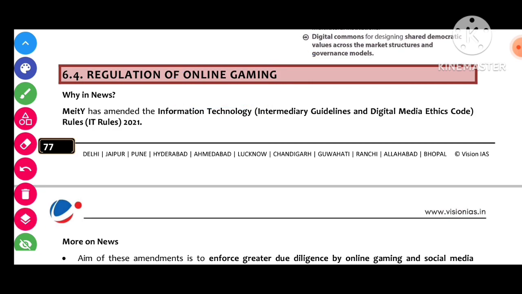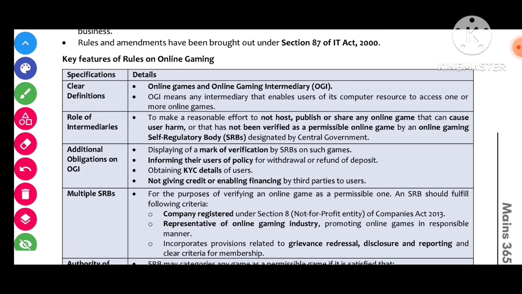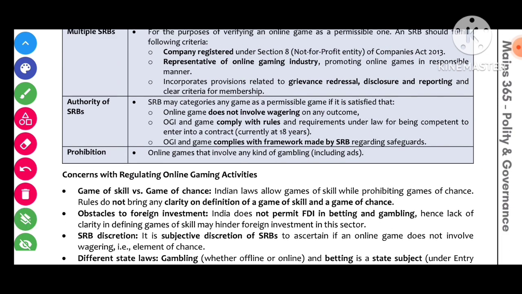Okay, and what are the key features of these rules on online gaming? That is clear definition, role of intermediaries, additional obligations on online gaming intermediaries, and multiple SRBs, that is the self-regulatory bodies, and the authority of self-regulatory bodies, and what are the prohibitions.